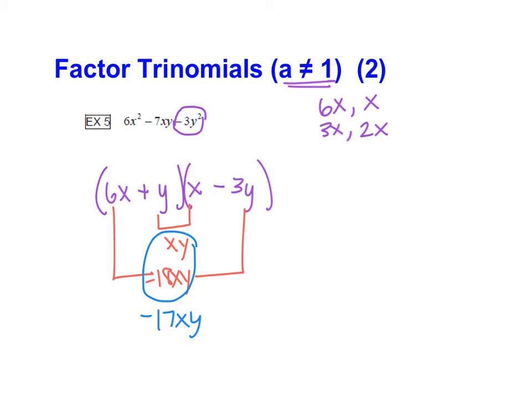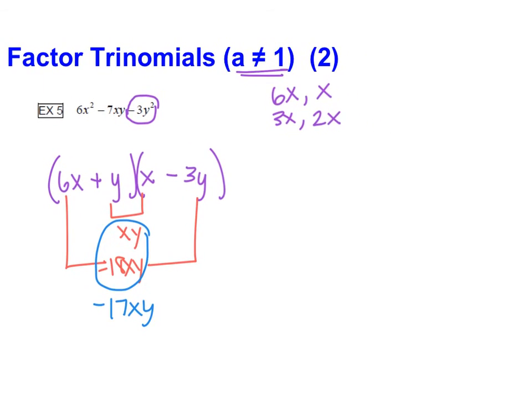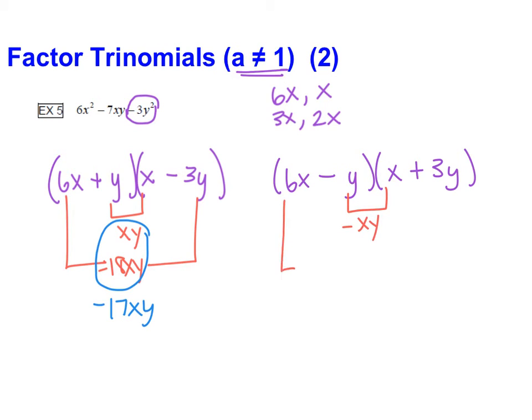So we try again. First thing we do is, well, actually, when you're dealing with positives and negatives, let's go ahead and try 6x minus y and x plus 3y. See if that makes a difference. So we check, this gives us a negative xy.